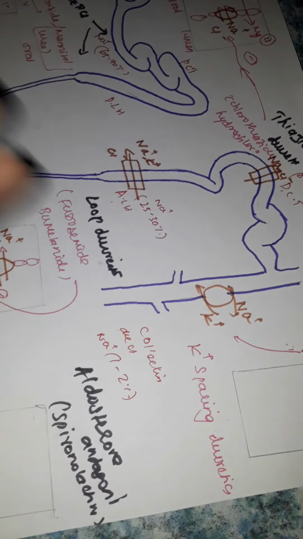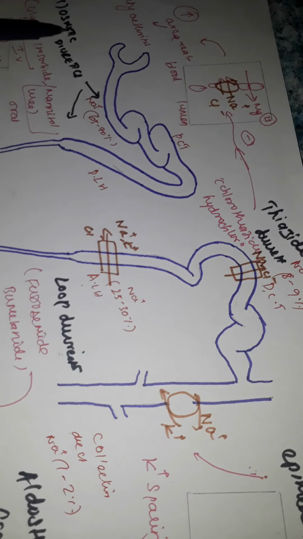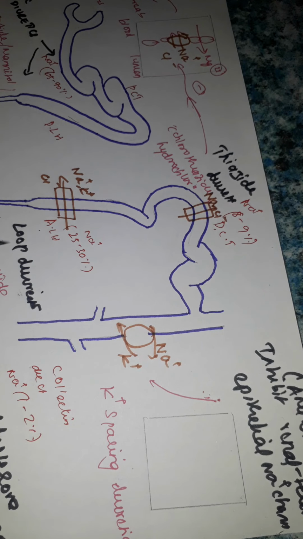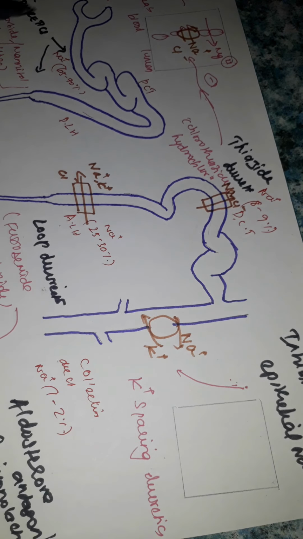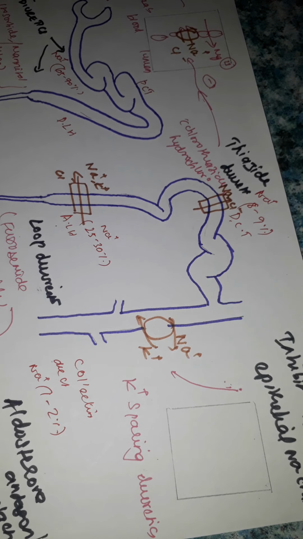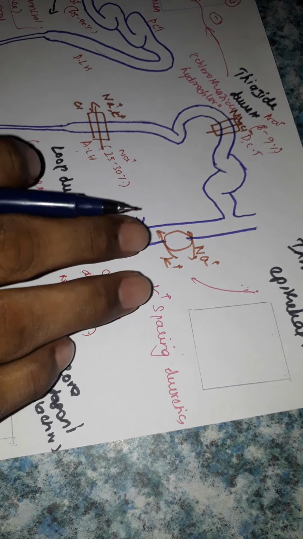The reason I'm doing this is that all your osmotic diuretics, loop diuretics, and thiazide diuretics result in excretion of potassium. Since potassium is very important, you cannot allow all the potassium to be excreted.